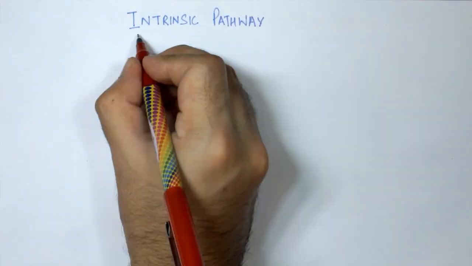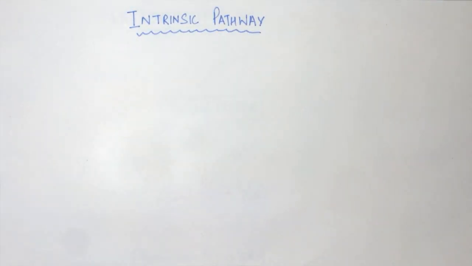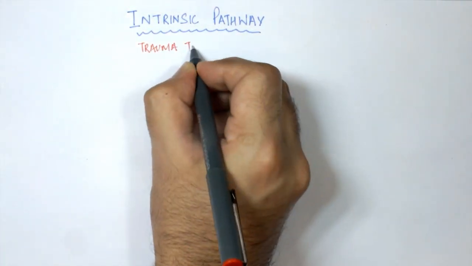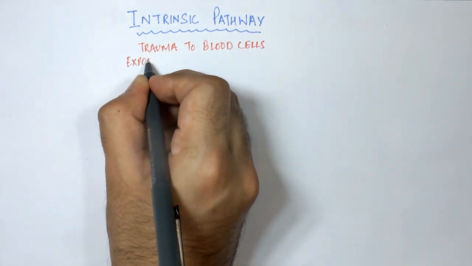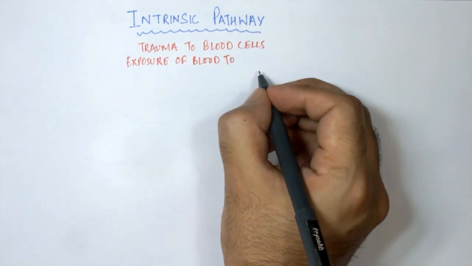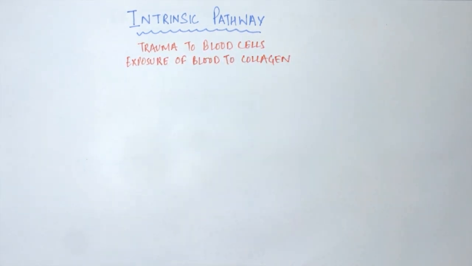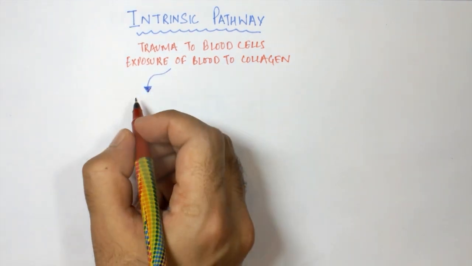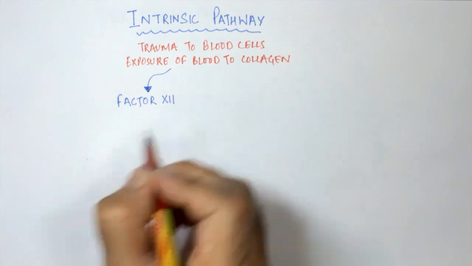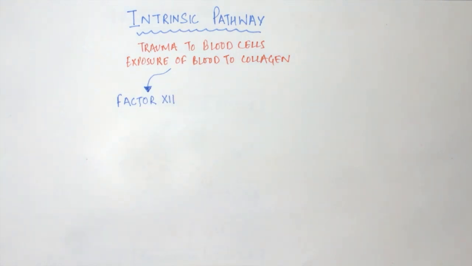Now let's talk about the intrinsic pathway. The intrinsic pathway begins with any factor which causes trauma to the blood cells directly or causes the exposure of the blood cells to collagen. This causes activation of factor number 12.